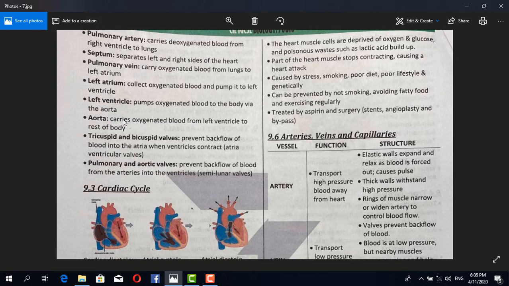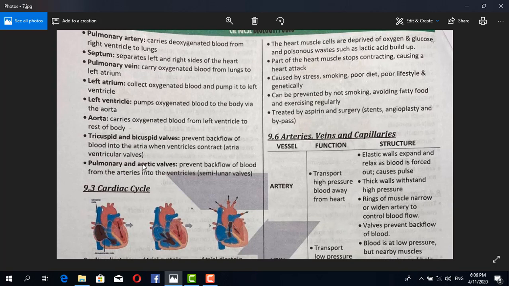The aorta carries oxygenated blood from the left ventricle to the rest of the body. As for the tricuspid and the bicuspid valve, the one which has 3 heads and the one which has 2 heads, they prevent the backflow of the blood into the atria when the ventricles contract.